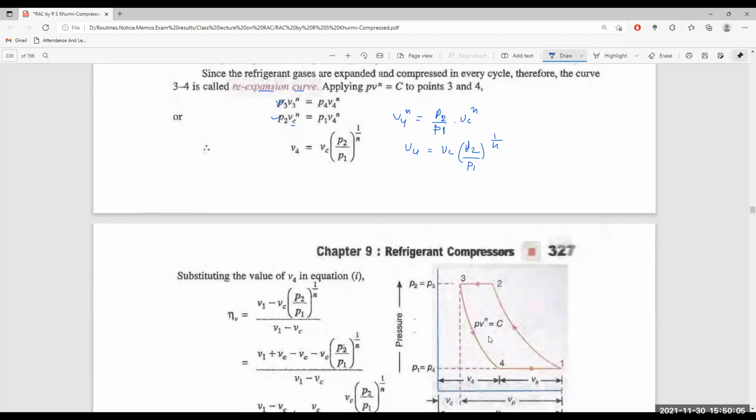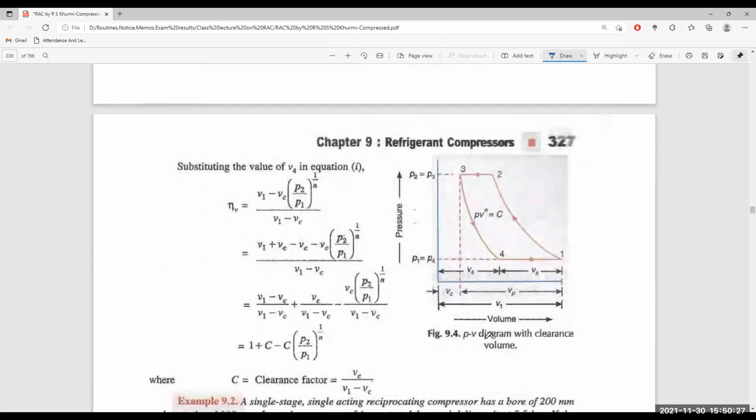We have just replaced V4 in terms of Vc. Now, if we simplify the above equation, we add Vc and subtract the same Vc, so it becomes (V1 minus Vc) divided by (V1 minus Vc), minus Vc divided by (V1 minus Vc) times (P2 by P1) to the power 1 by n. The first term is equal to 1.